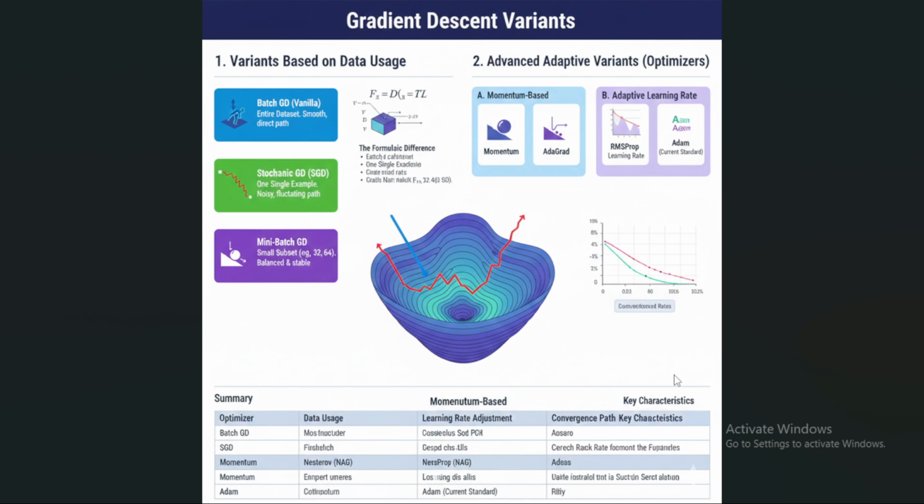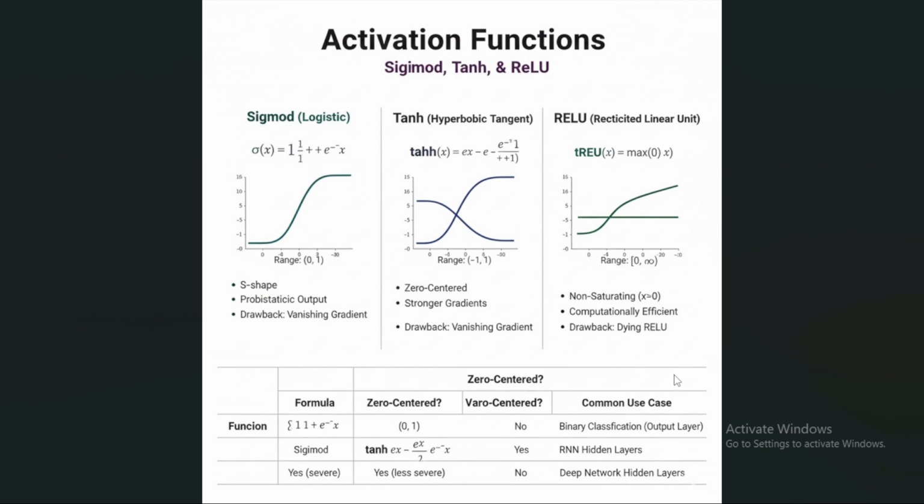See, and create sample data. Example optimizer implementations and these things. Compare the optimizers. So this is all about the gradient, and the last but not the least is activation functions.